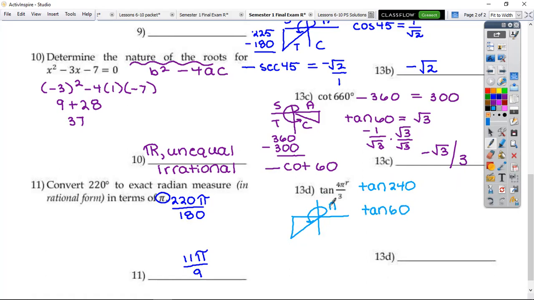I do ASTC, and finally, you have a positive. I'm just putting that out front so that you know we checked for it. I'll circle it so it doesn't look confusing. Answer is square root of 3.